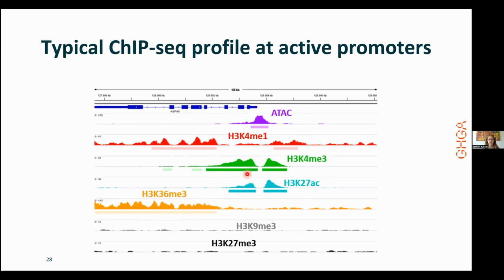So this is a good indication together that this gene is really transcribed. And below here, the repressive marks are not enriched. But to get a picture like that, we have to run an experiment for each of these histone modifications.